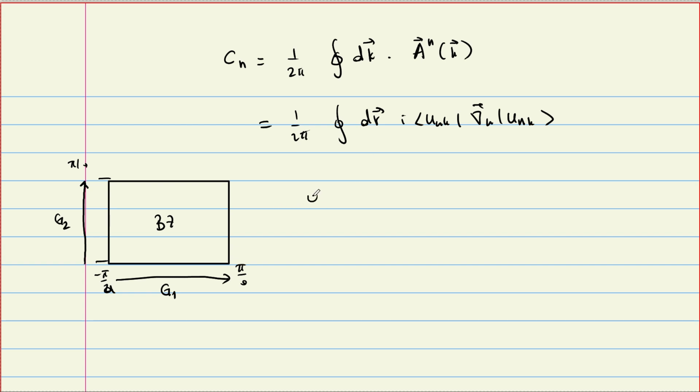And the Bloch band is given by psi_nk of r is equal to e^{ik·r} u_nk of r, where u_nk of r is equal to u_nk of r plus a, for any lattice vector a. It's periodic.